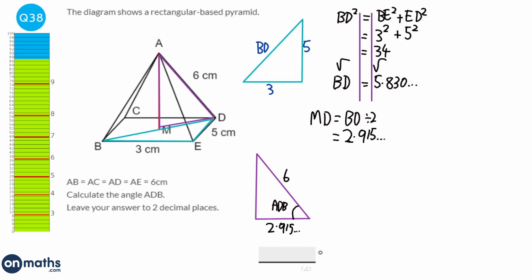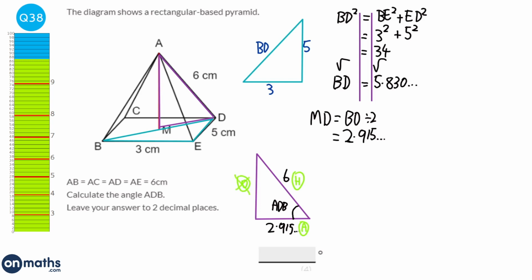Okay, so we're going to use trigonometry for this because we've got two lengths and an angle in a right angle triangle. So labeling the sections, we've got the hypotenuse here, we've got the adjacent here, and we're not using the opposite at all.